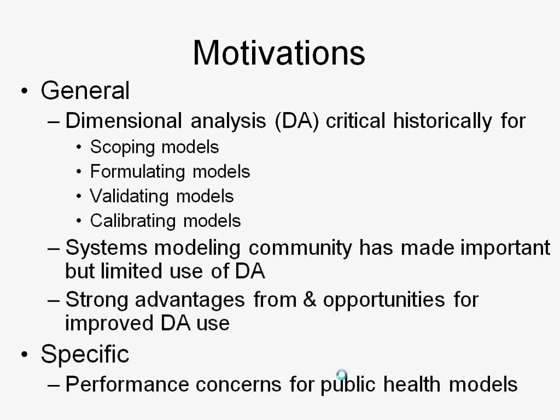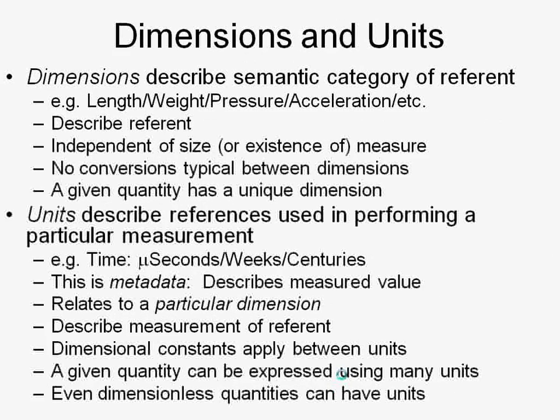But it's made limited use of dimensional analysis more generally. I have a particular interest in this because of performance concerns. You can use dimensional analysis to formulate small-scale versions of agent-based models. But let's take one thing at a time.